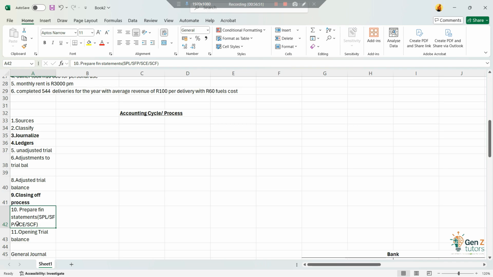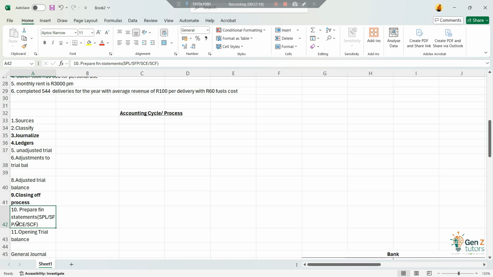So whenever we're doing the statement of cash flows, we'll have to start with our profit and loss for the year. And then afterwards, remove all the transactions that are accruals, prepaid, and income received in advance. Actually, even prepaid expenses, we remove that. Income received in advance, we add that back in and stuff like that.